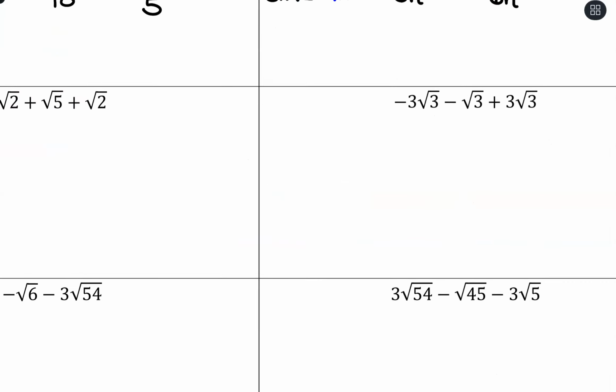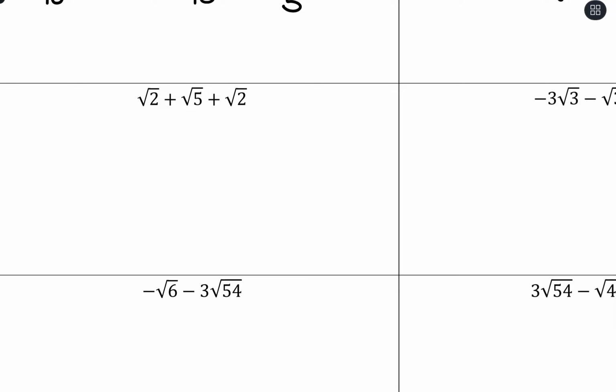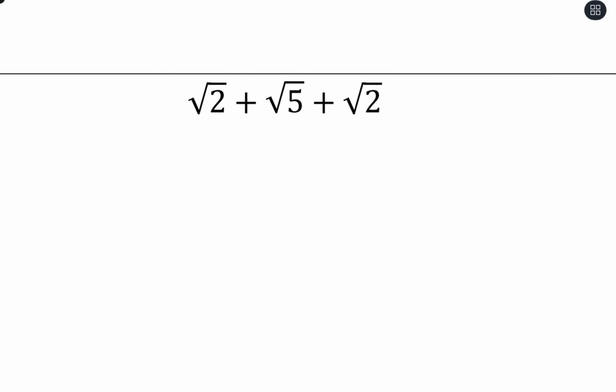All right, a few more examples here, more with addition and subtraction. Just like looking for like terms, what I was saying up above, you could think of this as x plus y plus x, because that root 2 and root 2 are fundamentally the same because they have the same radicand. Same index, same radicand, so we can combine them together.